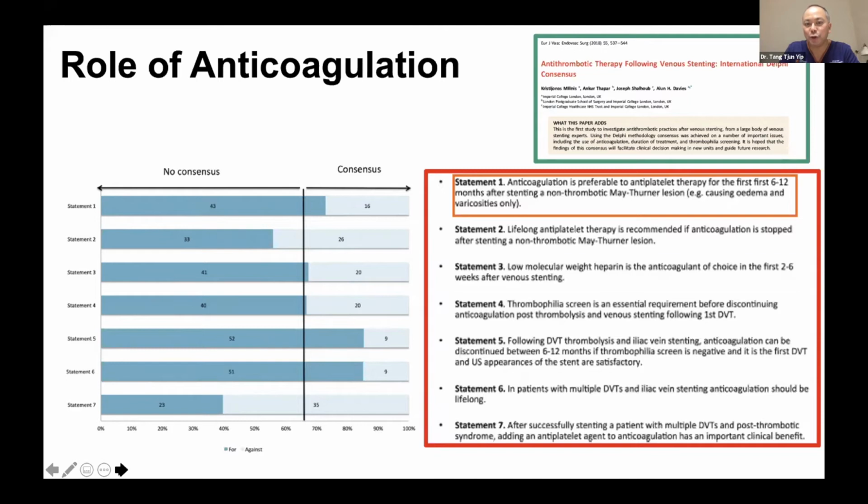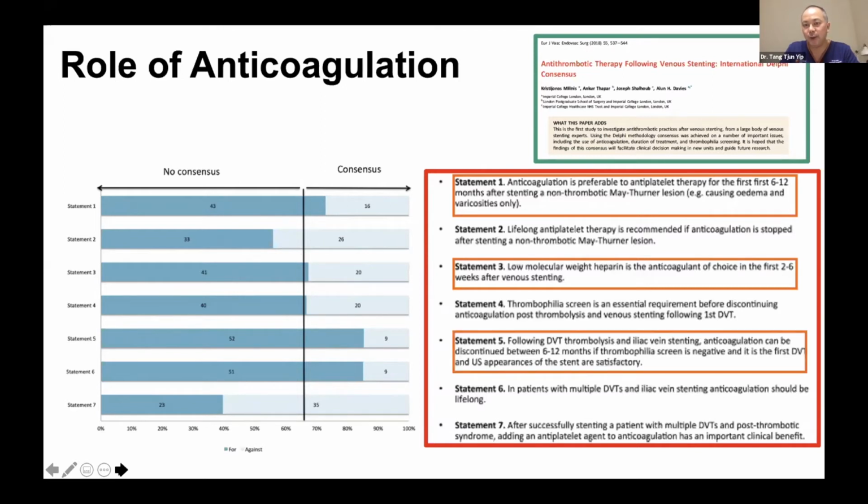Some people like to use low molecular weight heparin for anticoagulation initially and then switch because they're worried about a complication. I've never really seen that very much. I tend to put them on Xarelto the very next day with a baseline ultrasound scan of the stent.